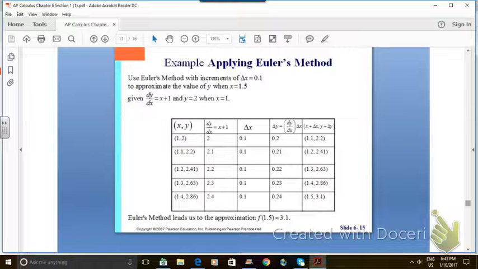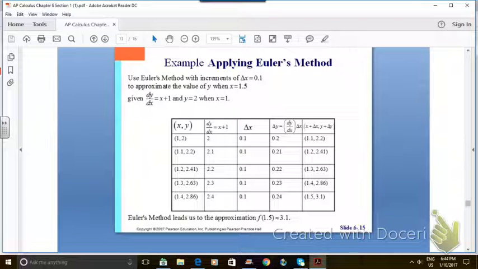So here's the idea. We start with an increment of something like 0.1. They'll give you what to use, or how many steps to use, for delta x, basically 0.1. Approximate the value of y when x equals 1.5, given dy dx equals x plus 1. Now I know we can solve some of these dy dx formulas, but the concept and theory behind Euler's method is that you couldn't find an approximate value because you couldn't find the actual function.